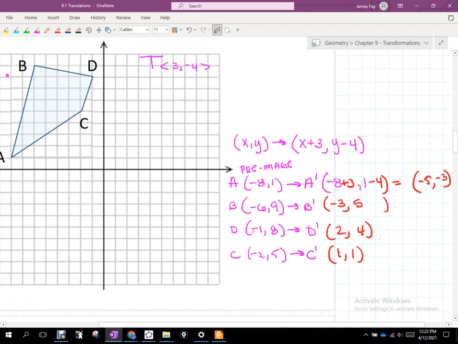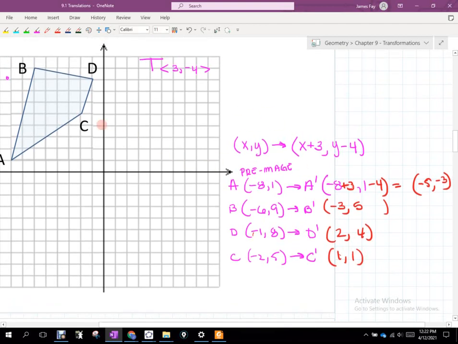Now I'm going to plot those points. So negative 5, then down 3. So that's A prime. Okay. B prime is at negative 3, 5. B prime. D prime is at 2, 4.